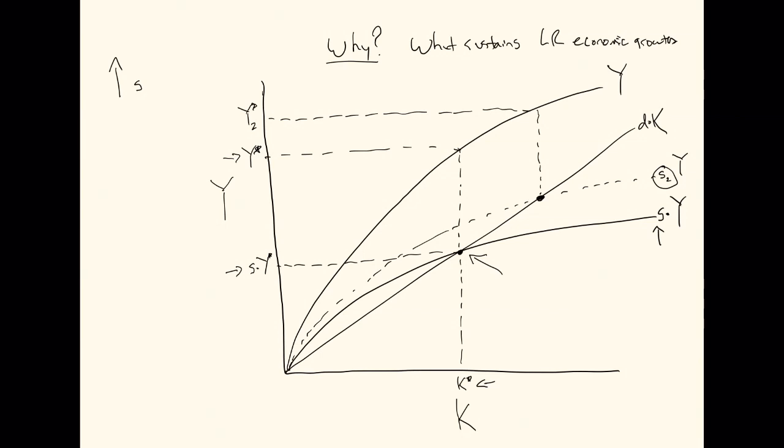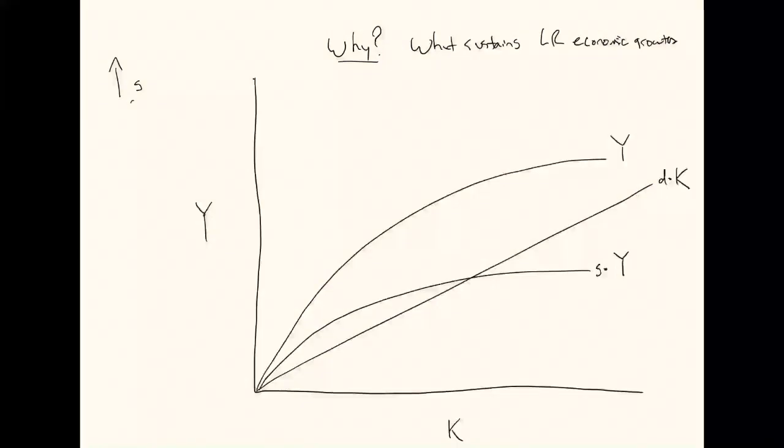And countries can continue doing this. They could continue increasing their savings rate, but what you'll notice is the law of diminishing returns starts to come into play. They start accumulating more physical capital stock, so we can see that there's limits to increasing a savings rate because we fall into the issue of diminishing returns.